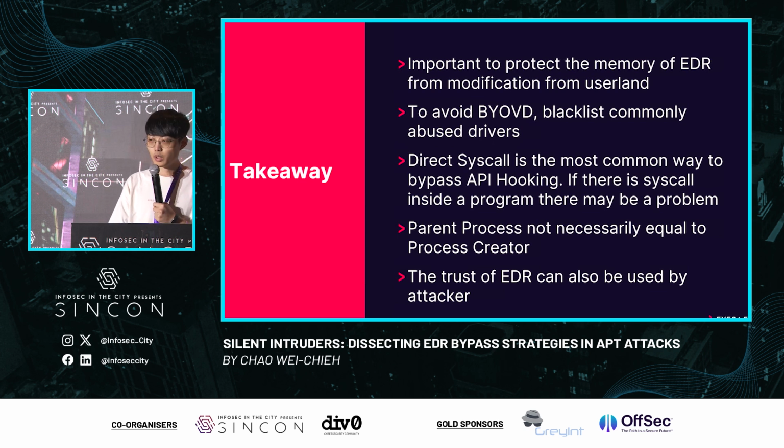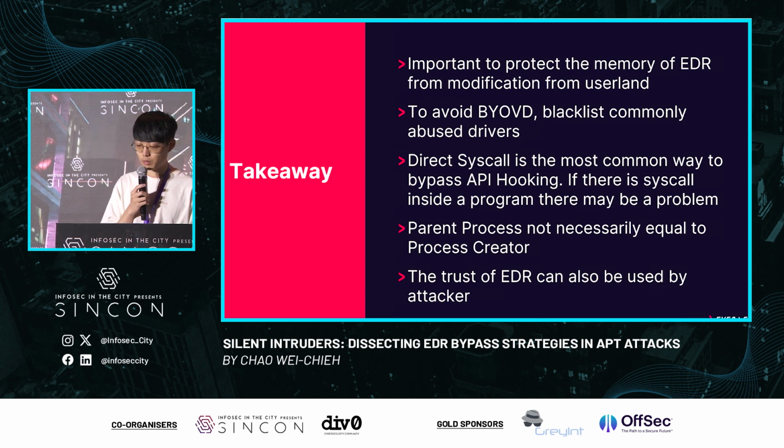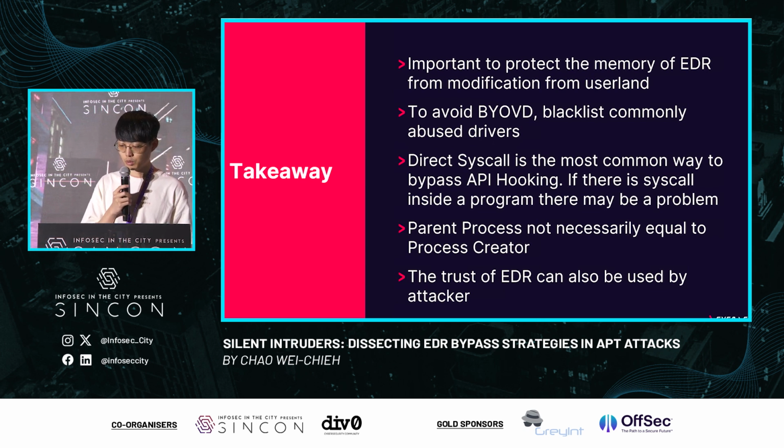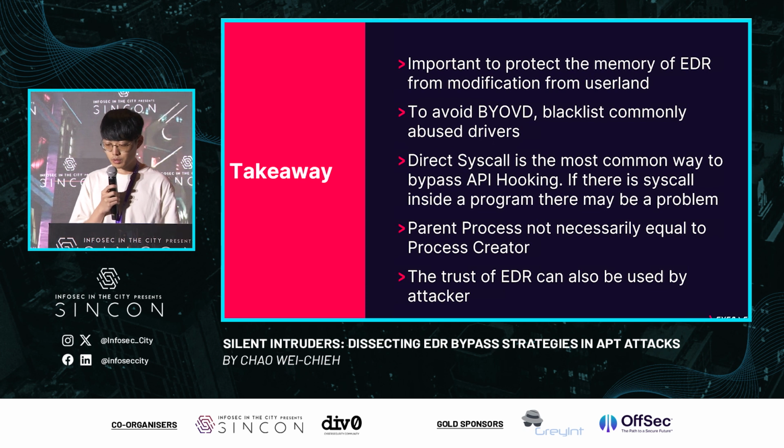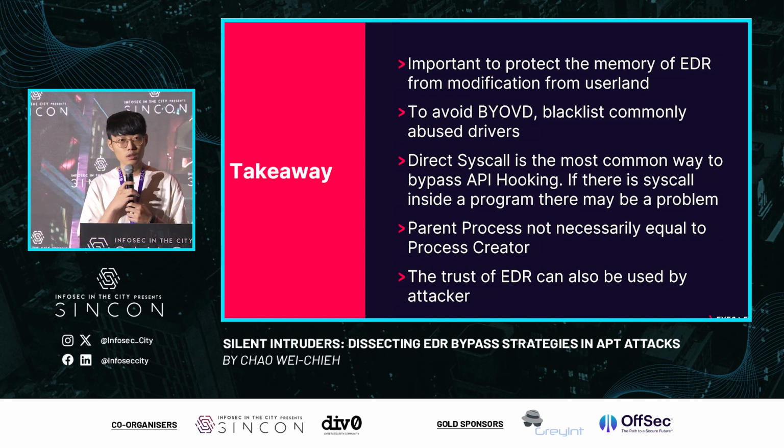To avoid it, we can also turn on the blacklist to block the commonly abused drivers. And next, we see that direct syscall is the most common way to bypass API hooking nowadays. And if there is a syscall instruction inside a program, then there might be a problem.